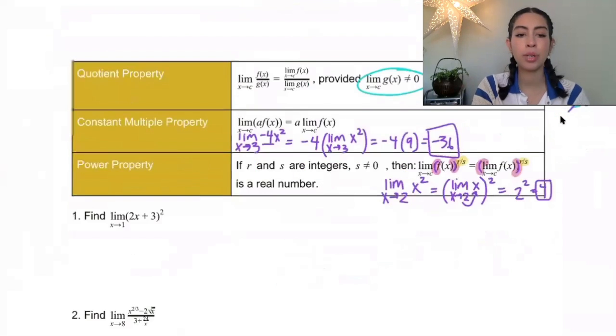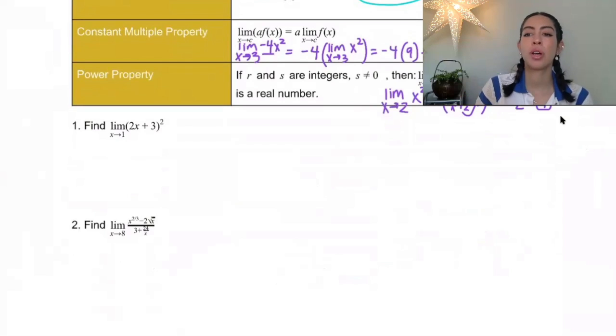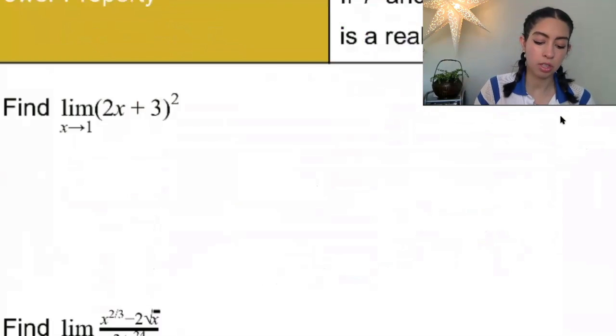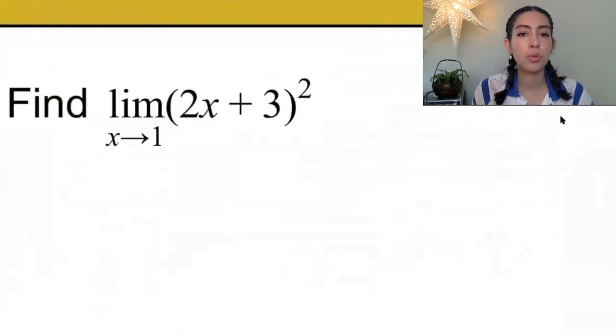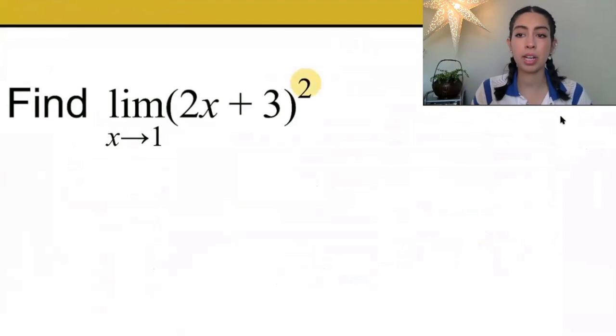So we have a few examples here, and we're going to see if we can apply the properties to hopefully simplify it and bring it down to those original properties or theorems that we saw. So we have the limit as x approaches 1 of (2x plus 3) squared. The first thing that I see is the square there.